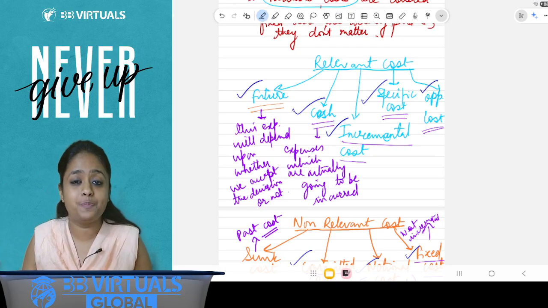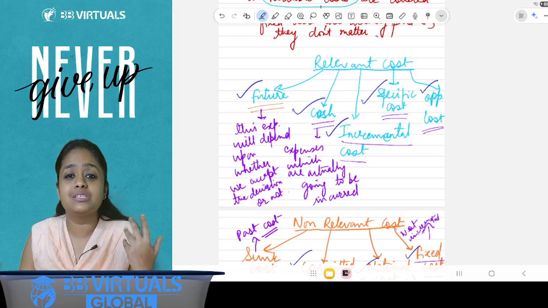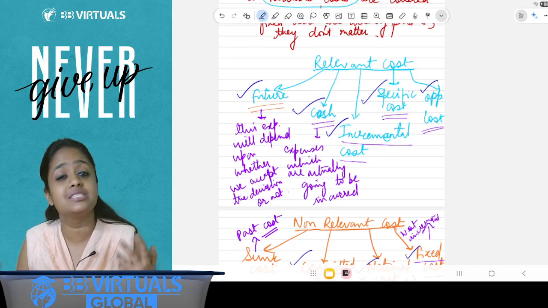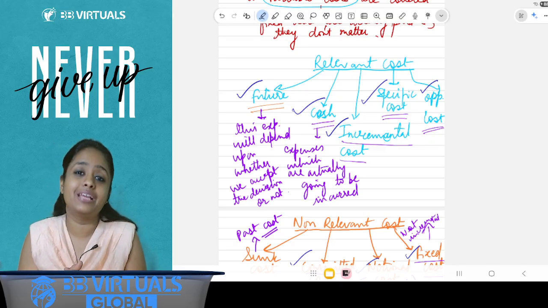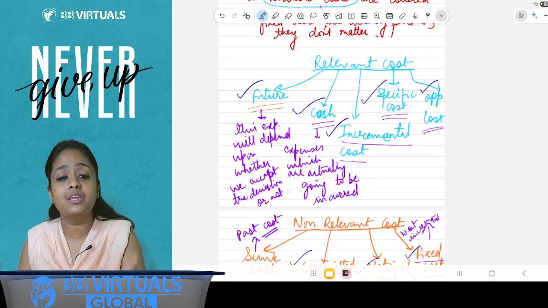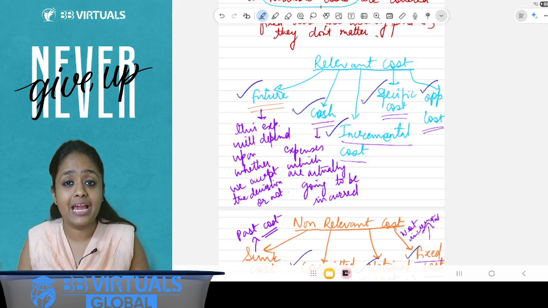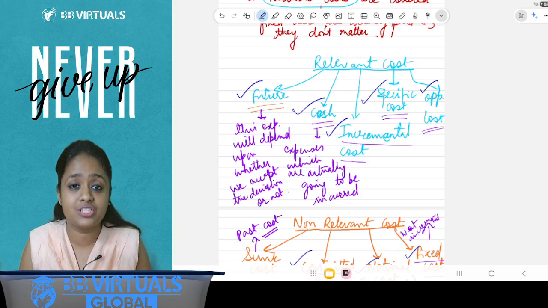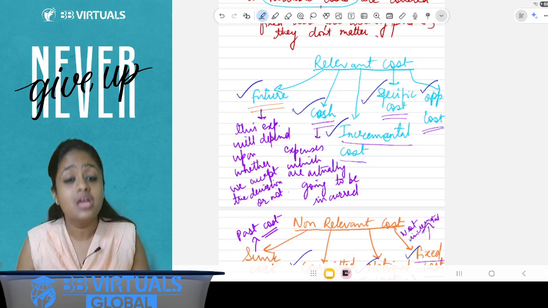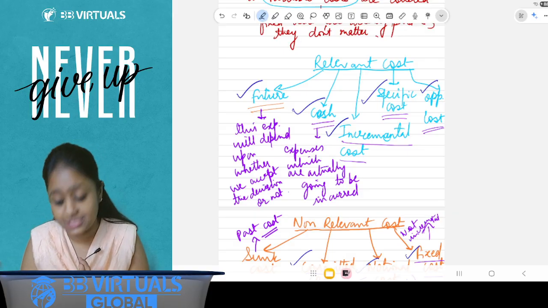Then they are cash expenses, because we don't take any expense which is notional, like depreciation, for example, or any provision. We only take expenses which are actually going to be incurred, because that is what is going to help me take a decision. Let's say I have to decide whether I should be going for manufacturing of a particular product or not. So then I need actual expenses that would help me in taking this decision.